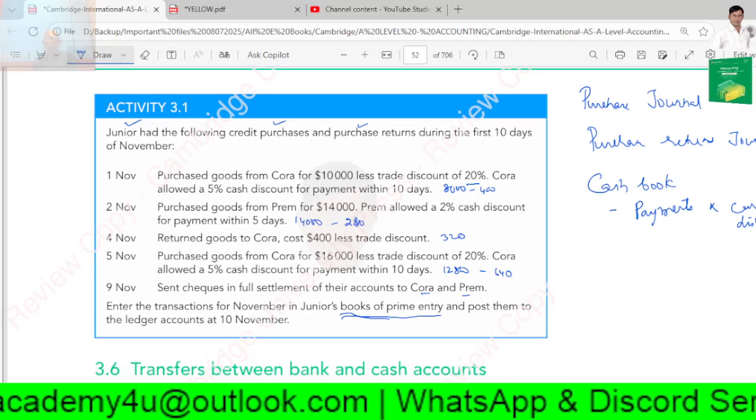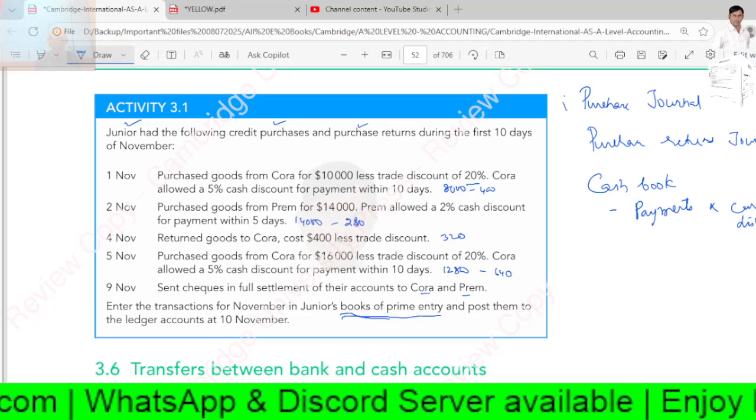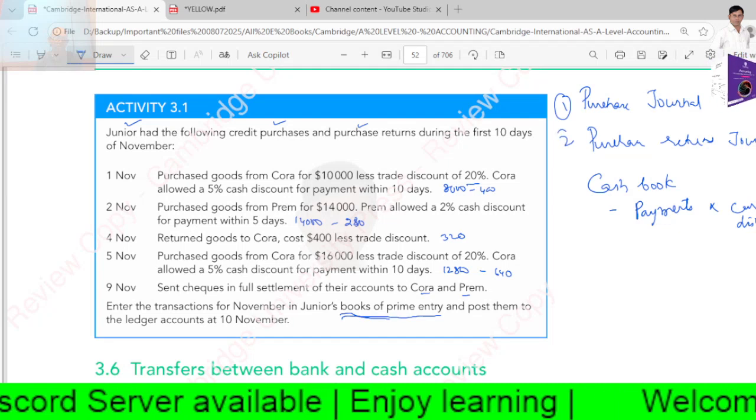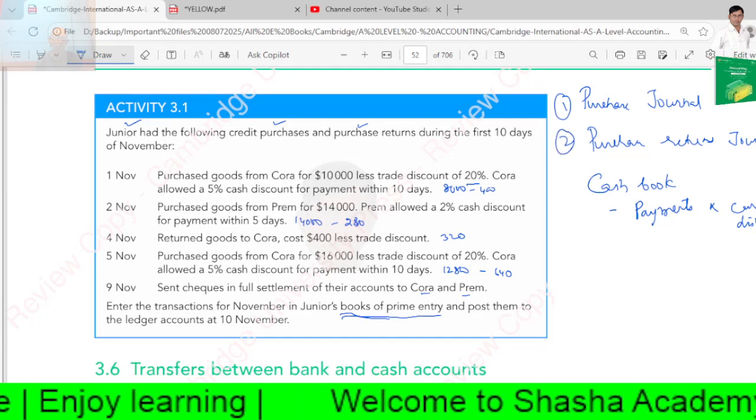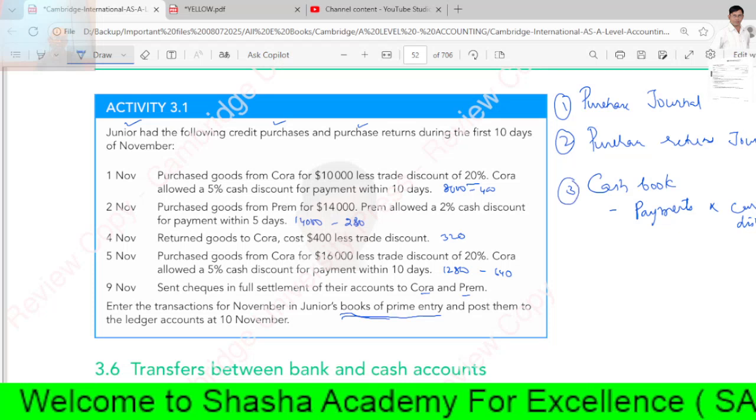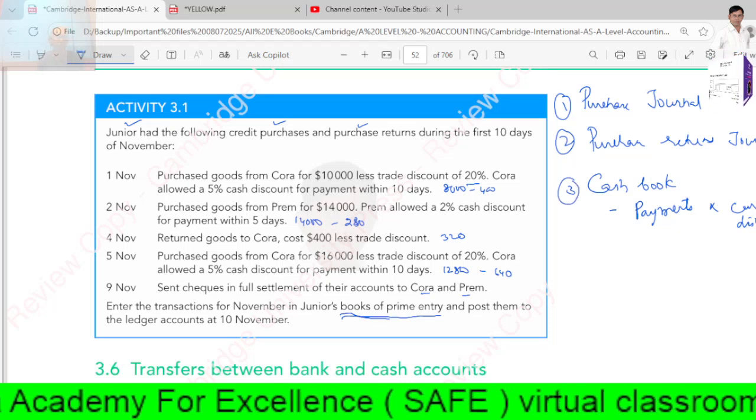So 3 books we have to write: purchase journal, purchase returns journal, cash book. So these are the 3 books of prime entry, and post them to the ledger accounts.